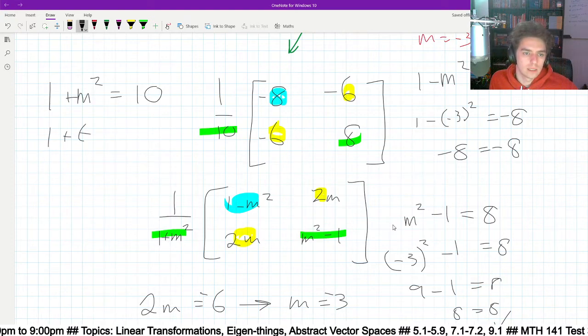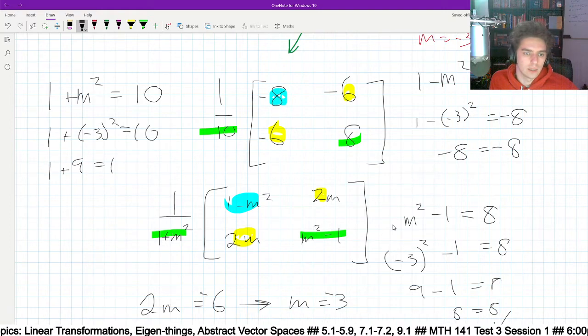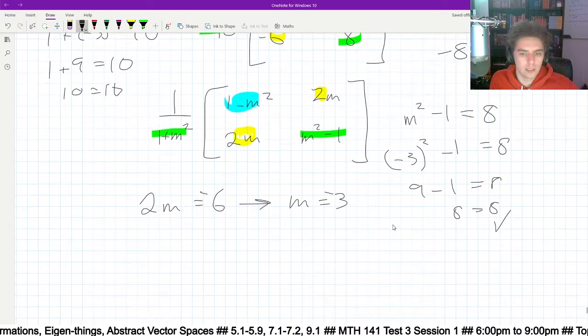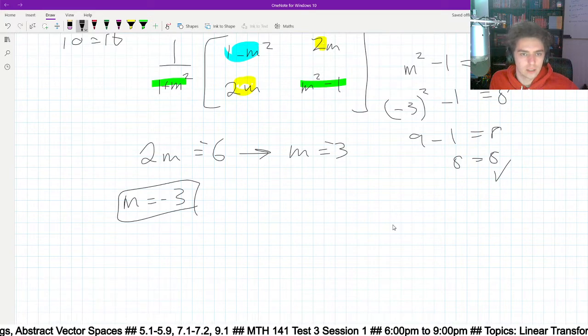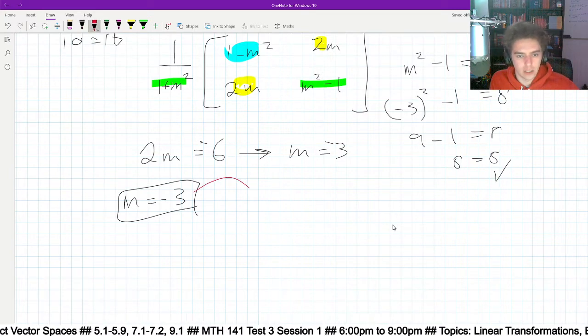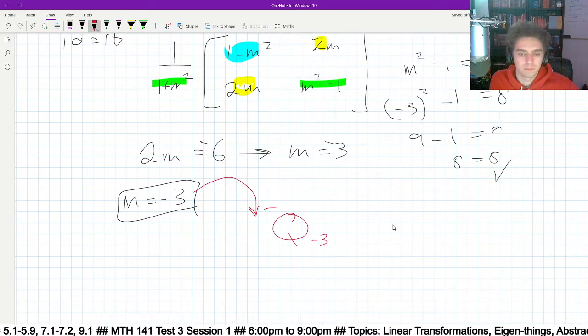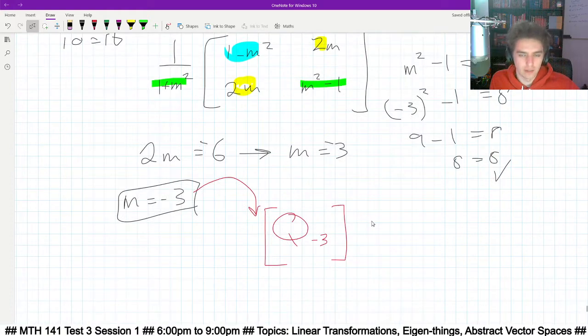So 1 plus negative 3 squared equals 10. 1 plus 9 equals 10. 10 equals 10. So since m works for all these values, m equals negative 3. And so this transformation is actually q negative 3, or is identical to q negative 3.